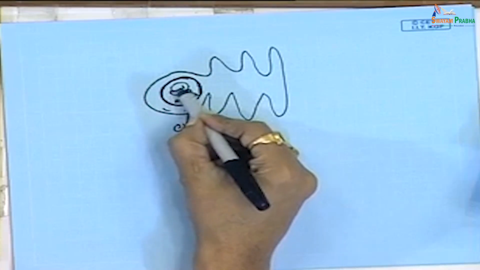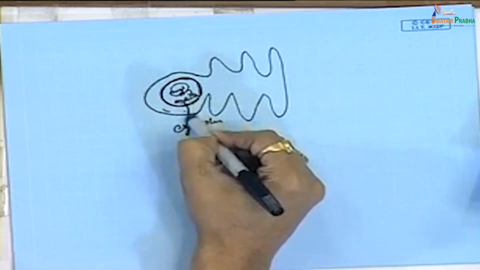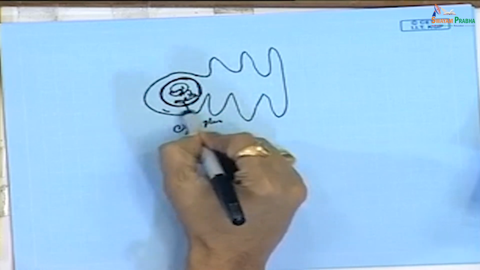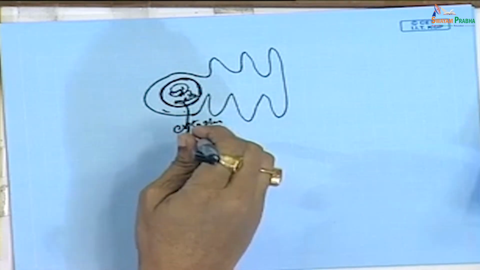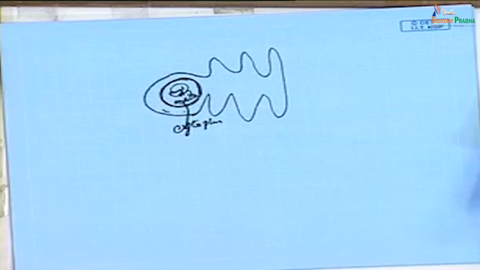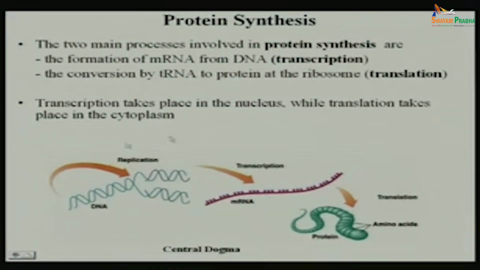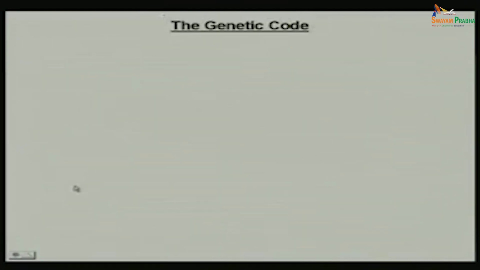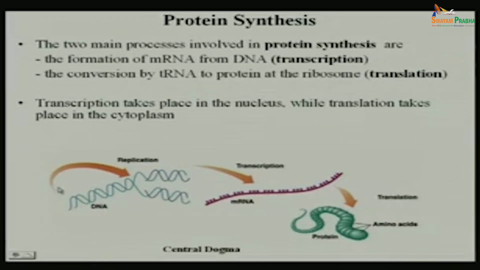So, as soon as mRNA is formed, it comes out from the nucleus to the cytoplasm, where translation takes place. Here, if we see the central dogma of the cell, replication is taking place, DNA to DNA is the replication. When DNA undergoes transcription, it forms mRNA.